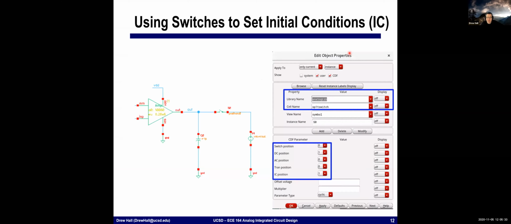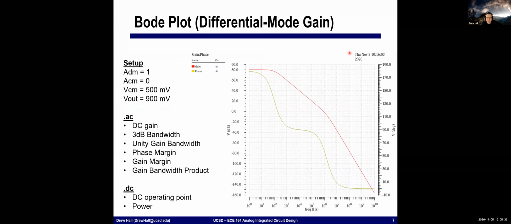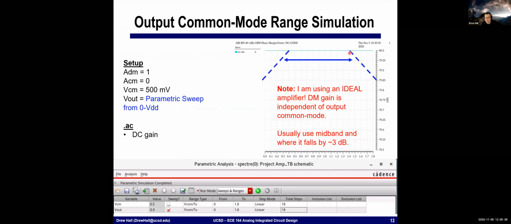Why is that? If I go back real quick, oh, I don't have your project open. Never mind. So the reason being that when I put a very low DC output voltage, if you think about your project had an NMOS common source with a PMOS current source, at very low voltage, I'm essentially turning off that NMOS.